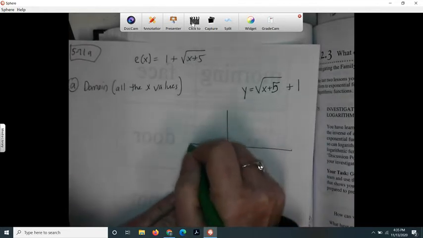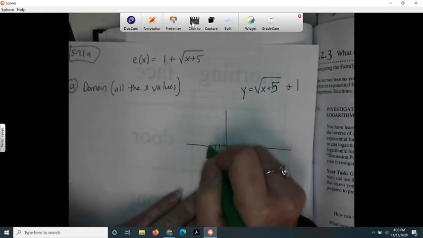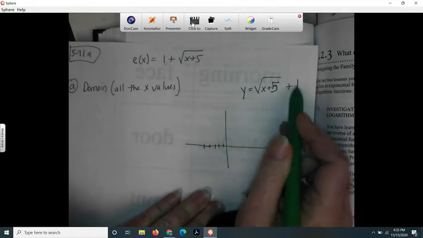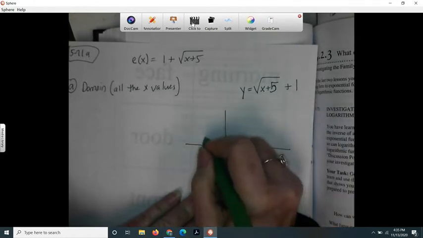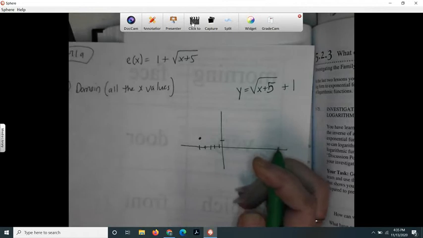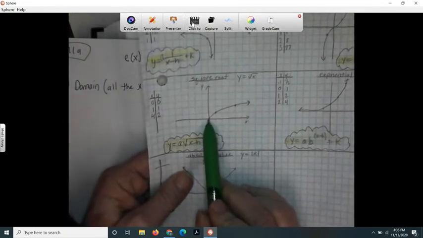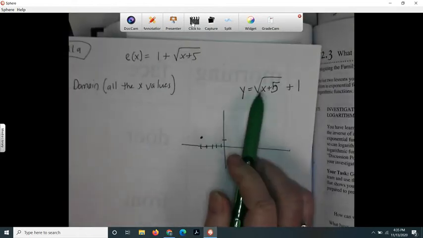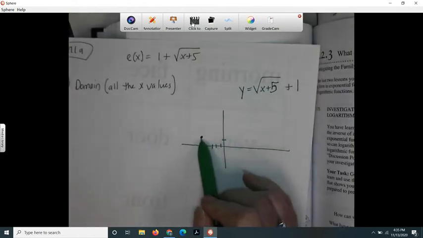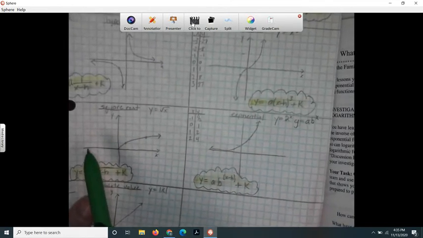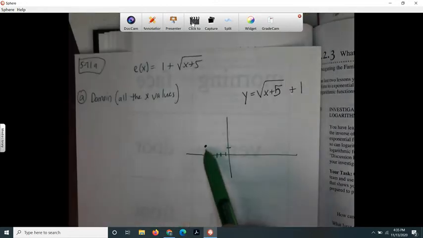Move off to the left 1, 2, 3, 4, 5, and up by 1. So the locator point that's at the origin on the parent function is going to be right here. It's going to be the same as this point, except moved left by 5 and up by 1. So that's what I've written right here.